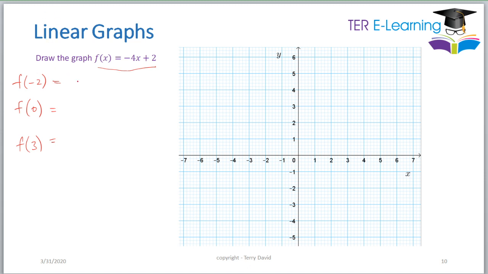Alright, so let's do the substitution. All we're doing is substituting values into this function here. So this is going to be minus 4 multiplied by minus 2 plus 2. Minus 4 multiplied by minus 2 gives me 8, so that is 8 plus 2, which is 10.